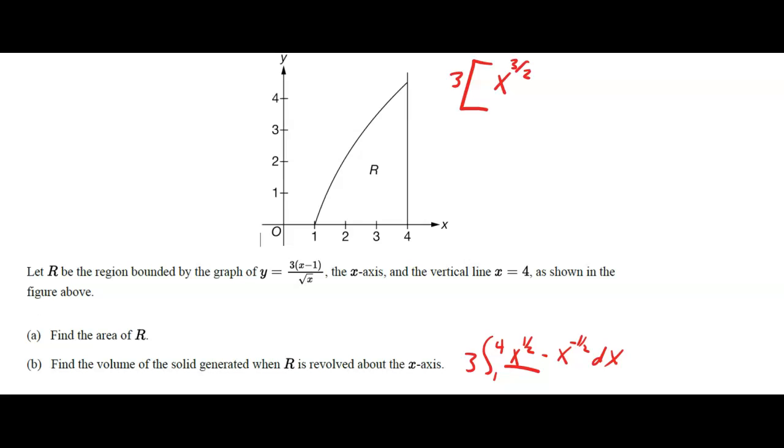And then we divide by 3/2. But I don't like dividing by fractions, so I multiply by the reciprocal. Minus, next one, add 1 to the power, and you get x to the 1/2. And instead of dividing by 1/2, I'm going to multiply by the reciprocal, which is 2. And we are going from 1 to 4. All right, so we've integrated. Let's go ahead and plug in.